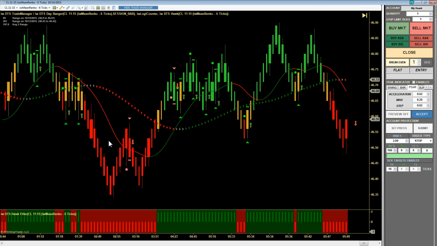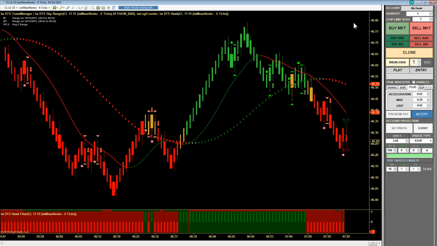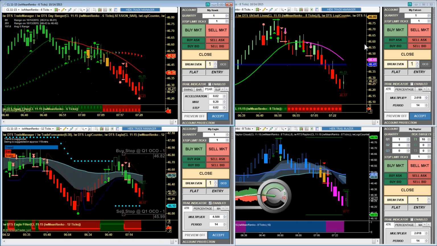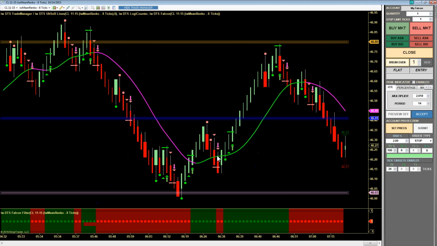Oh, that's in the middle of the night. Yeah, so out of the open, we had a couple first micro macro crosses on the Hawk, and I think we also had a trend change signal on the Falcon. Yes, we did. The late filter entry and the trend change signal on the Falcon right here. And a trend change to the downside about a minute before the open.